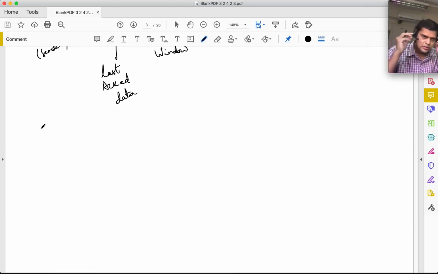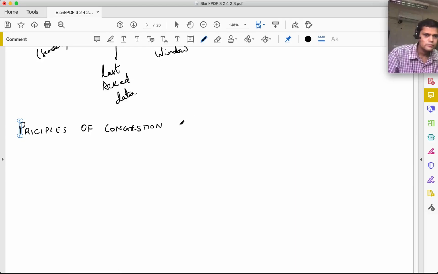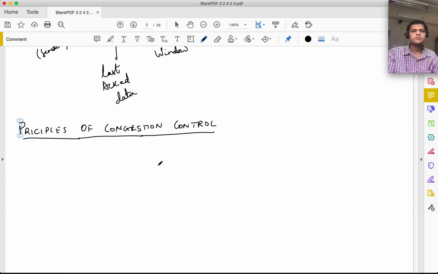First we will discuss some of the principles of congestion control. Once we've discussed these main ideas, we'll see how they are put together in different TCP protocols.